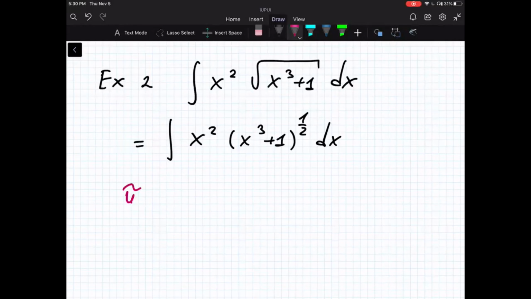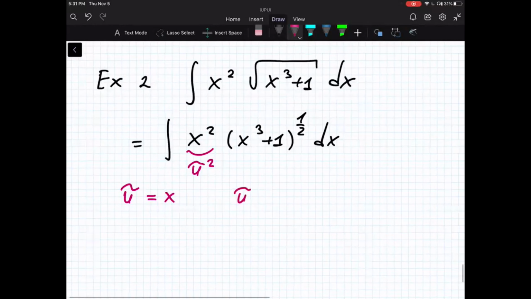Either my u tilde, say, is x, and then I have here u tilde squared, but then I should find the derivative of this u, and the derivative of u with respect to x gives me 1, while I have some function which doesn't look like 1. So probably this is not a good choice for function u. Thus, let's consider u, which is x cubed plus 1.